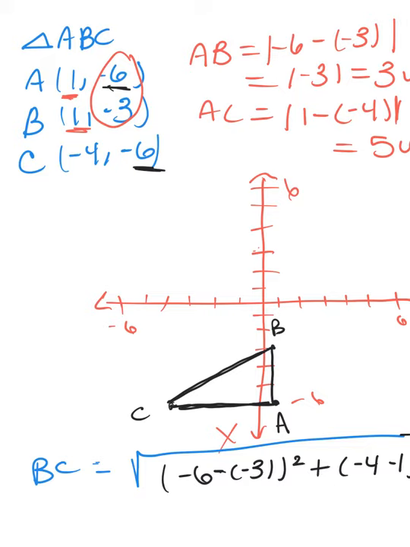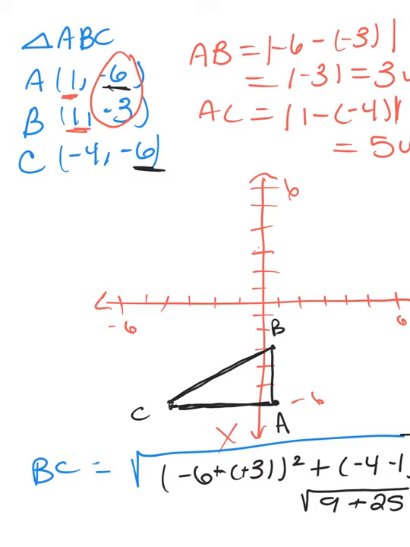So when I do that, I get 9 when I square that, because negative 6 plus 3 is negative 3, squared is 9. And then I get negative 5. Negative 5 squared is 25. And I get the square root of 34 units.